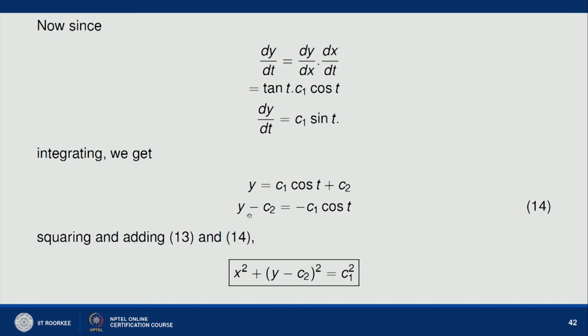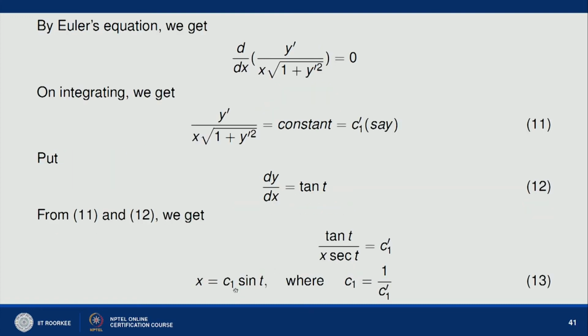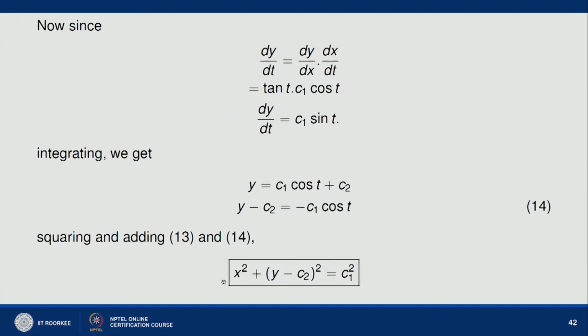So here we can simplify and write y minus C2 equal to minus C1 cos t, and then we can eliminate the parameter. So y minus C2 is equal to minus C1 cos t and x is equal to C1 sin t. So we can simplify this and remove the parameter t, and we can check that this is nothing but the solution x square plus y minus C2 whole square equal to C1 square, which is nothing but the equation of a family of circles here.